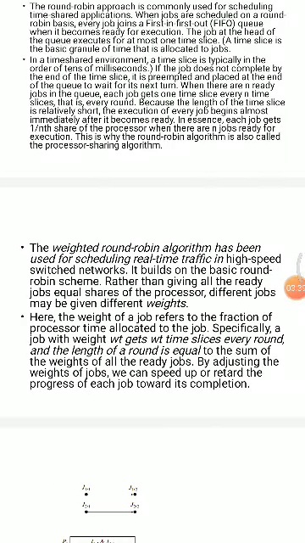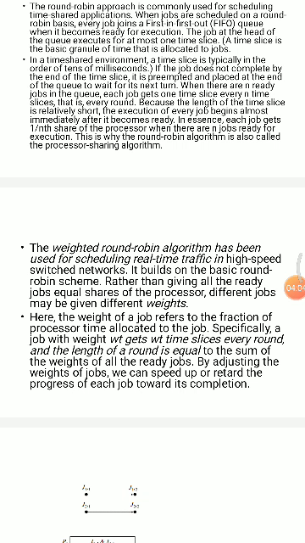The weighted round robin algorithm has been used for scheduling real-time traffic in high-speed switched networks. It is built on the basic round robin scheme. Rather than giving all the ready jobs equal shares of the processor, different jobs may be given different weights. Here the weight of a job refers to the fraction of processor time allocated to the job.